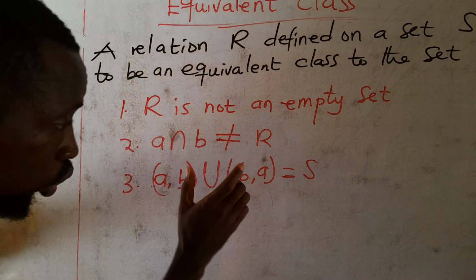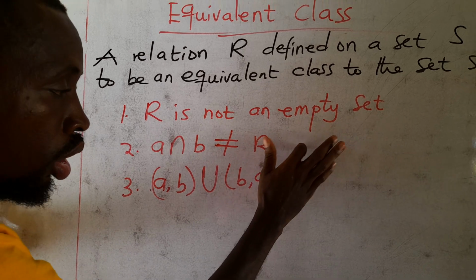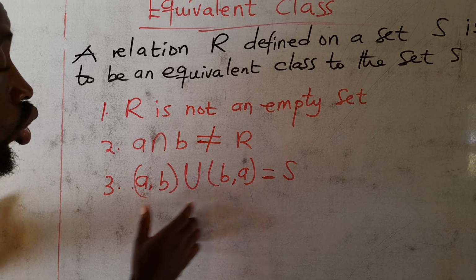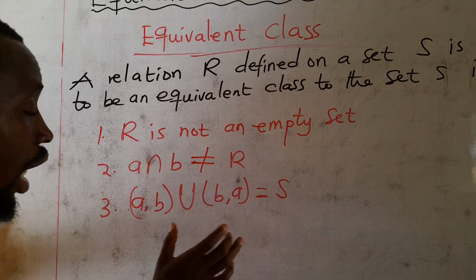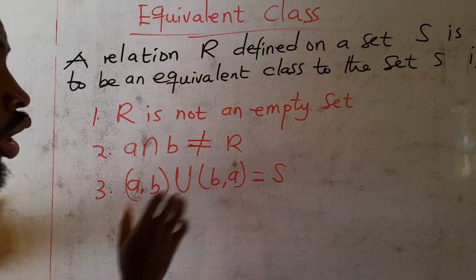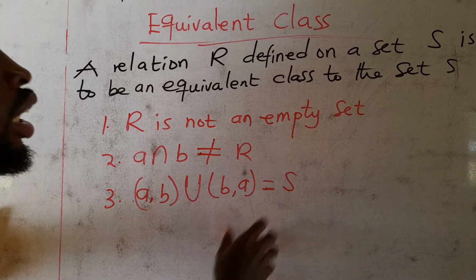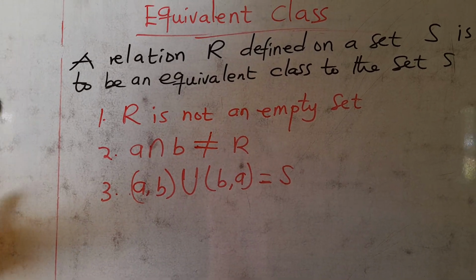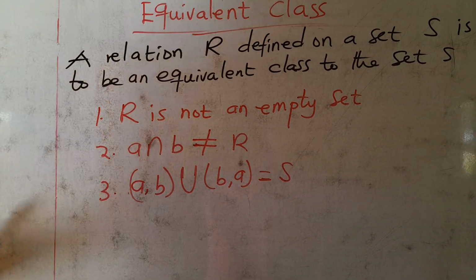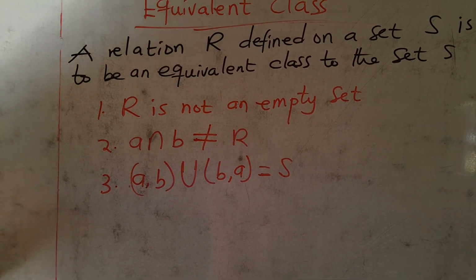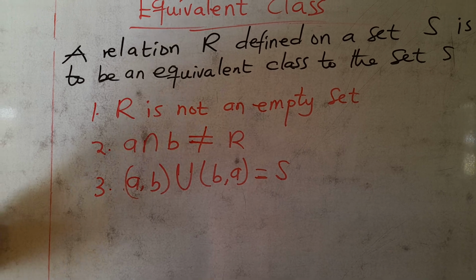When the intersection of any two different sets in the relation R is empty, and the union of all the members in the relation R is equal to the set S, or is the same as the set S. If a relation satisfies these three conditions, then we say the relation is an equivalence class to the set on which it is defined.